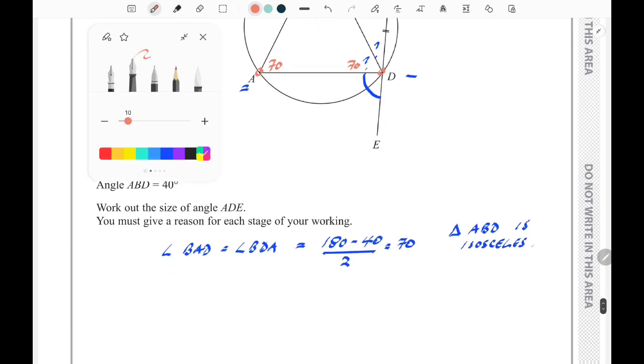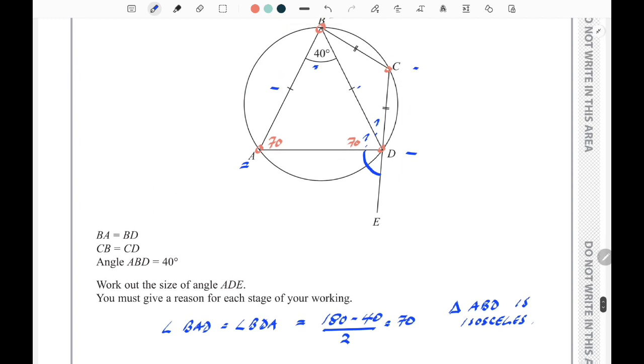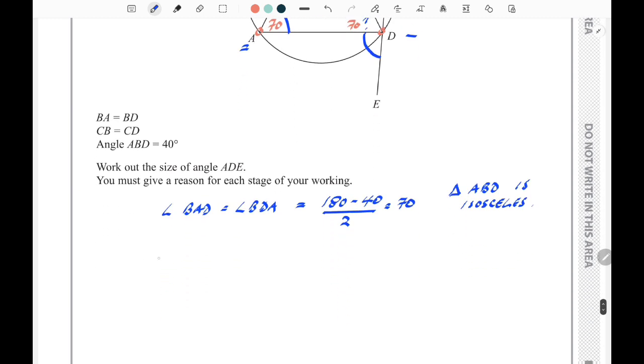How are we going to use that? Let me show you. Apologies, start that again. Opposite angles in a cyclic quadrilateral add up to 180. So this angle here and that angle there must add up to 180. So we can use that fact.